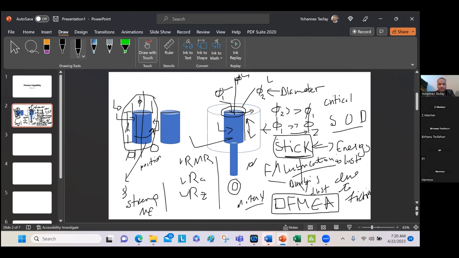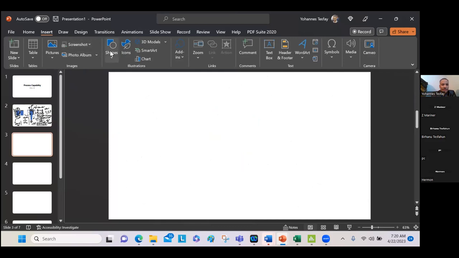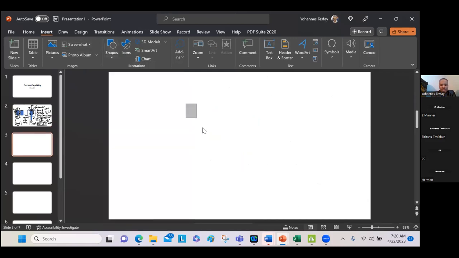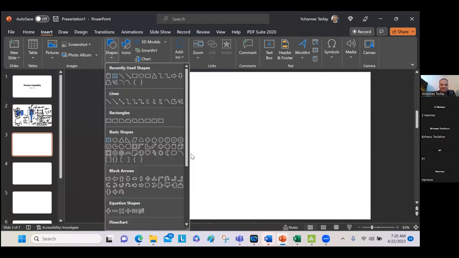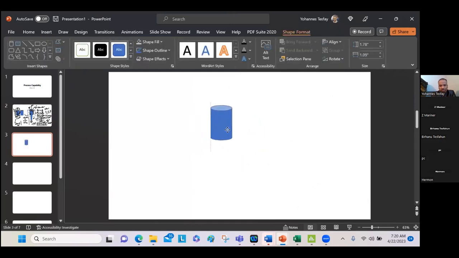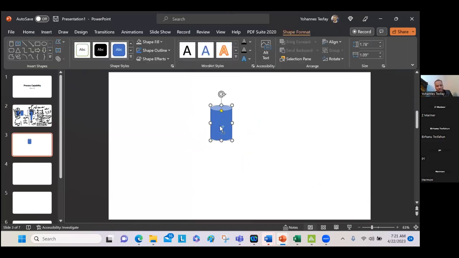The next scenario is, let me add here, let me put cylinder. Okay, this is the thing, and I'm gonna copy this one and paste it like this. Okay, just like that.